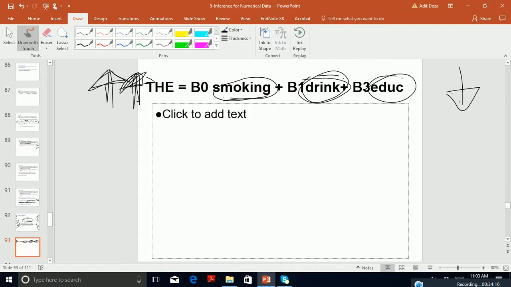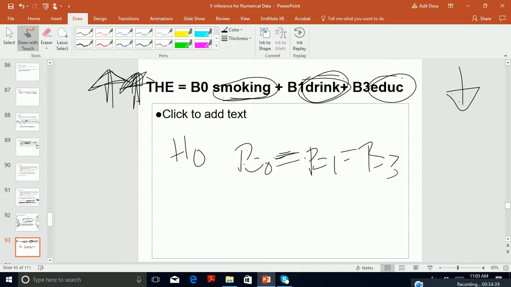So I set the hypothesis in such a manner. The null hypothesis is that I assume beta 0 equals beta 1 equals beta 3, and they are equal to 0. So I said these coefficients would be 0. This would not make any difference to total health expenditure.